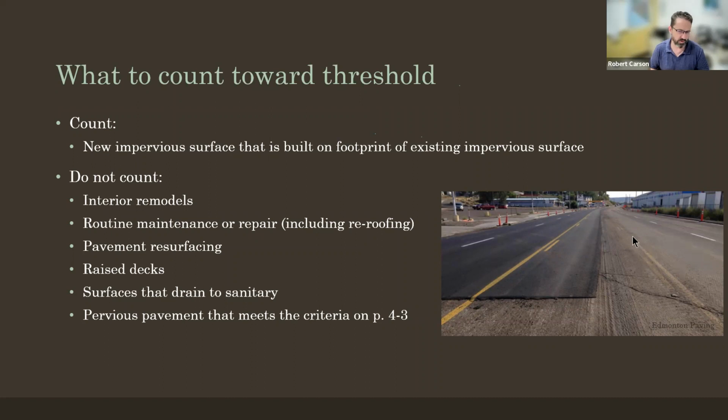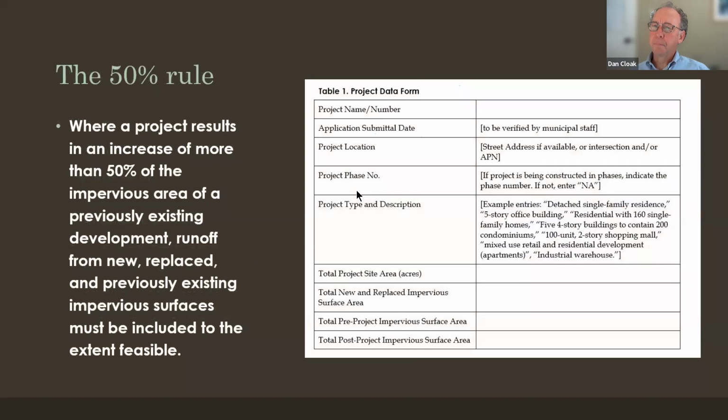There's another question in the chat, and maybe you're going to get into this when you get into the small project compliance: what about downspouts to rainwater collection systems? Yeah, that's one of the options under a small project, and we will get to that and I'll touch on it.